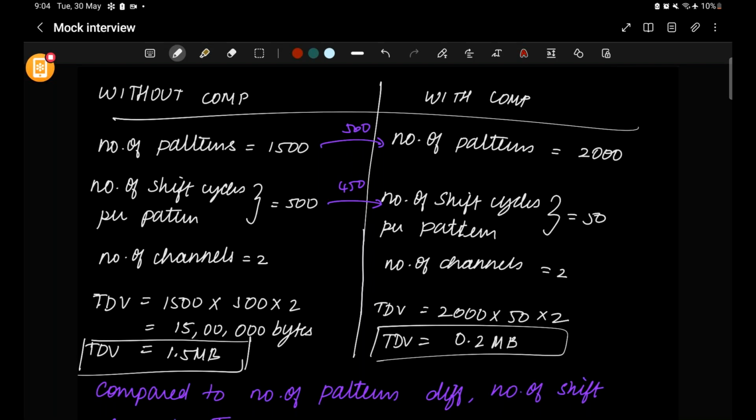Yeah, okay, ma'am. I explained this only to the interviewer, but he asked how, if the number of patterns is more, test data is reduced. Yeah, you have to take an example, substitute, and tell him how it is reduced.